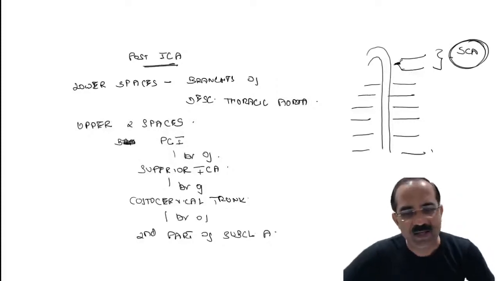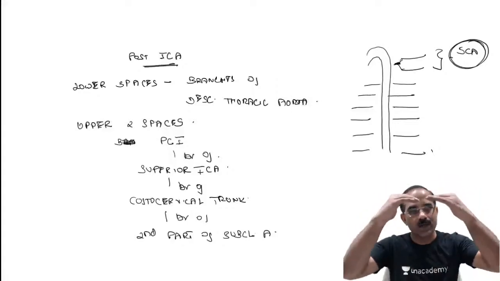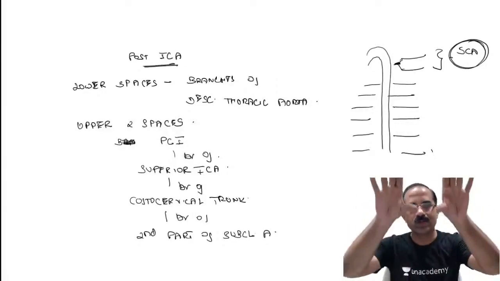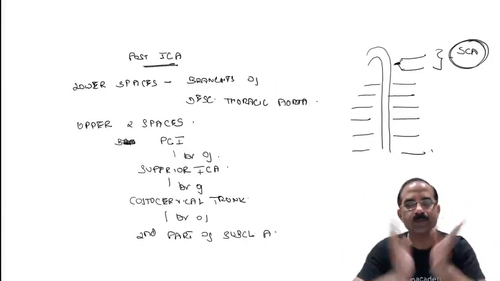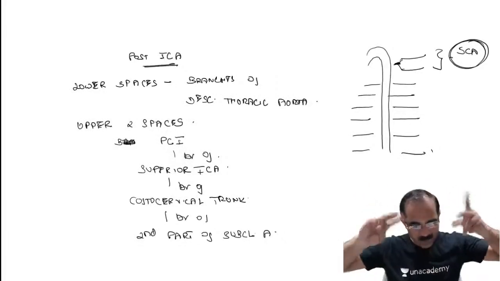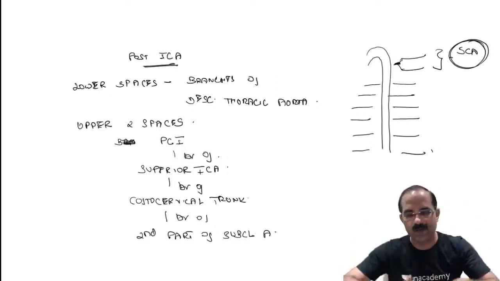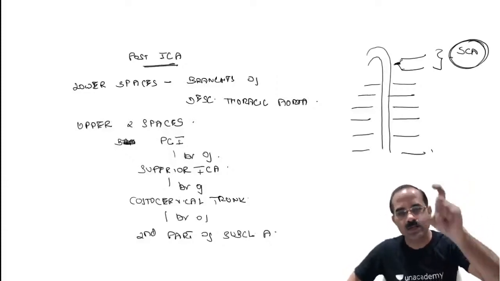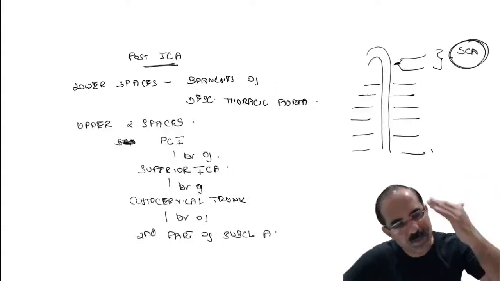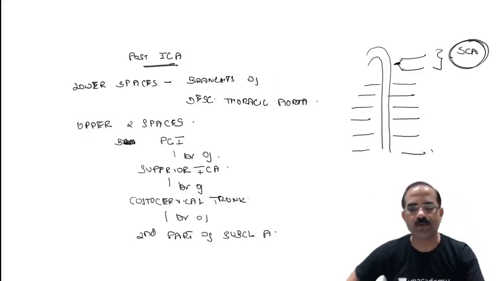And students, the posterior intercostal arteries in the lower spaces are branches of the descending thoracic aorta. In the upper two spaces, these are branches of the superior intercostal artery, which is a branch of costo-cervical trunk, which is a branch of second part of subclavian artery.